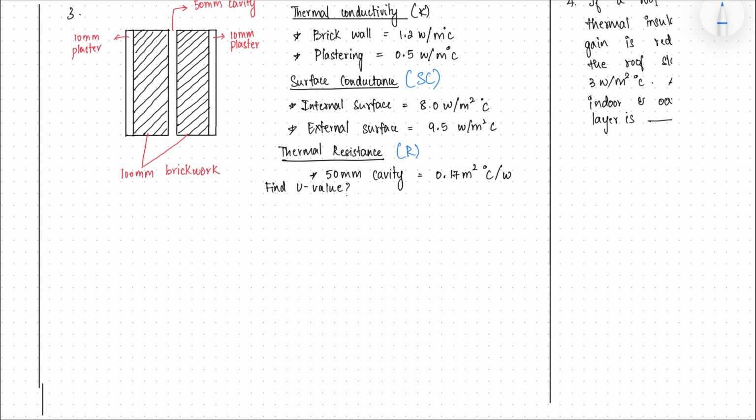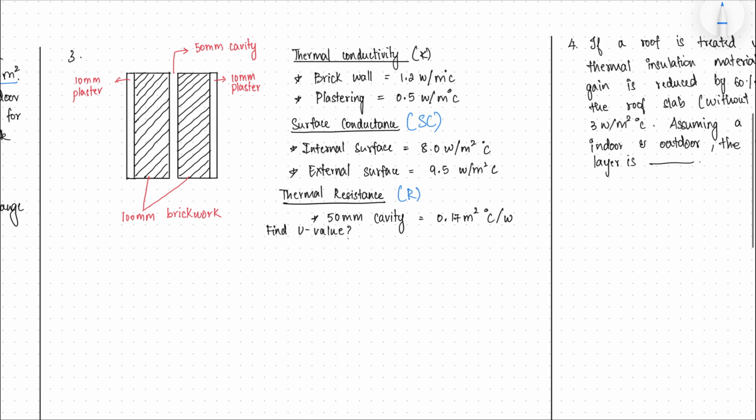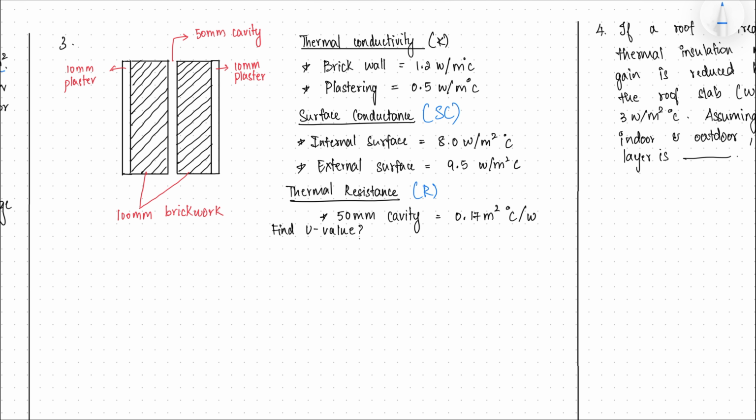Whenever we have a multi-layer component, we have to find its U value. What do you do? You find the thermal resistance of it, and then finally invert it to find the U value of that component. So let's do the same.